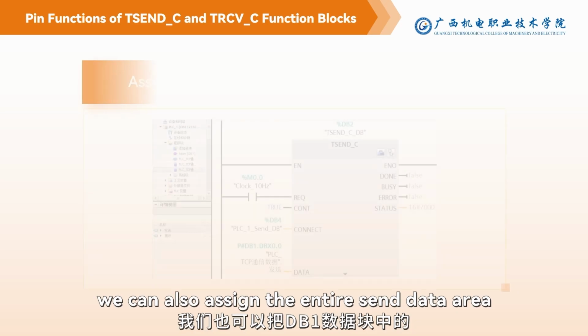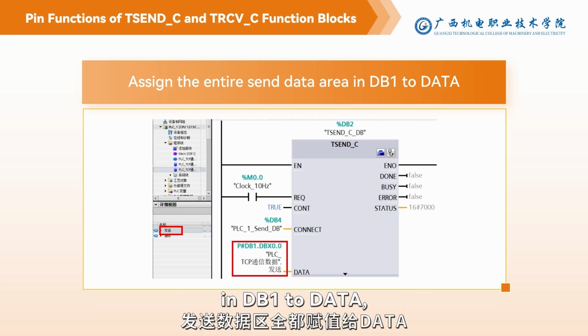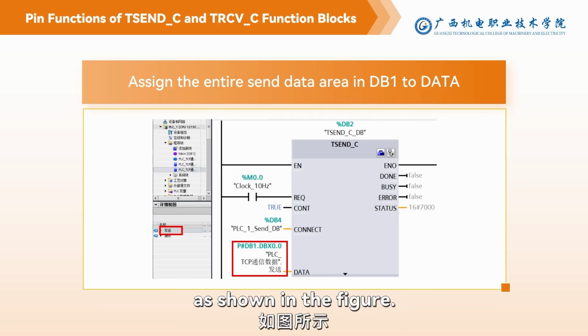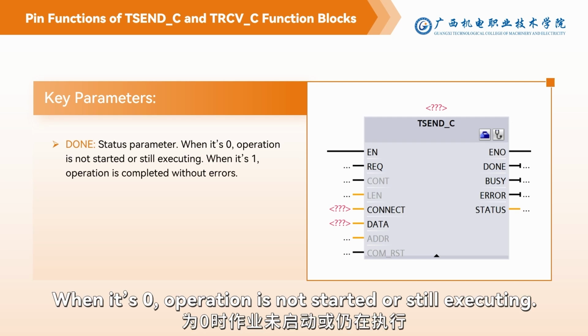Of course, we can also assign the entire SEND data area in DB1 to Data, as shown in the figure. DONE, status parameter. When it's 0, the operation is not started or still executing.